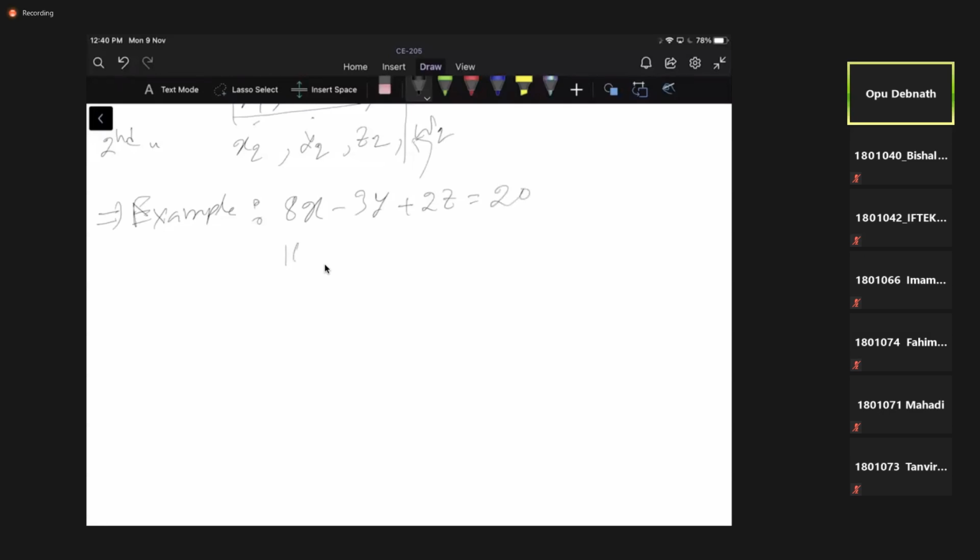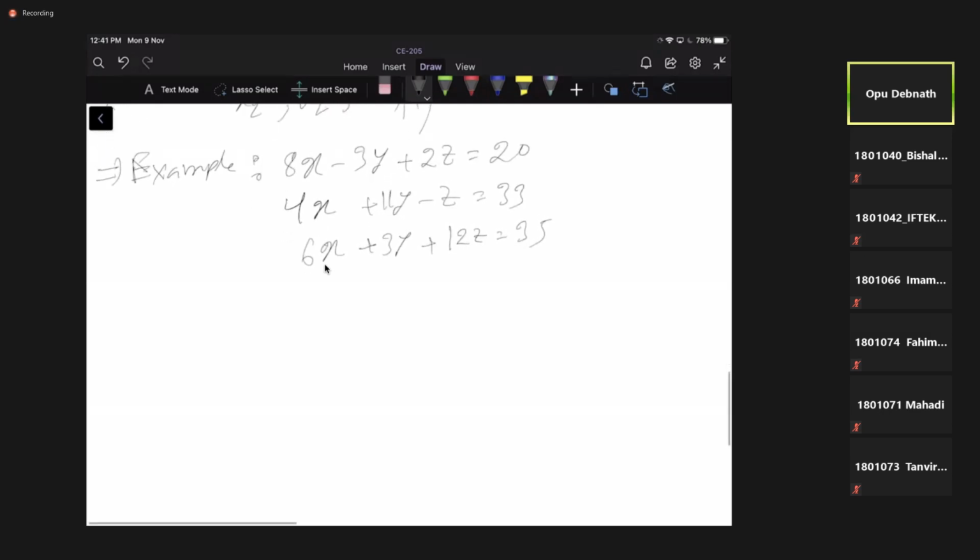Again 11, 4x plus 11y minus z is equal to 33, and the third one is 6x plus 3y plus 12z is equal to 35.